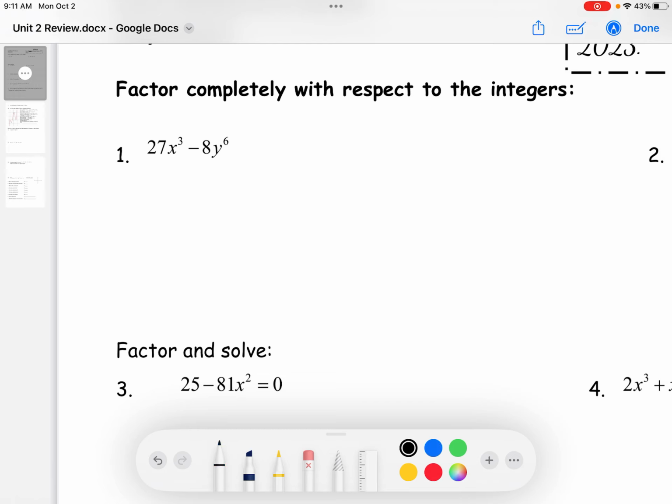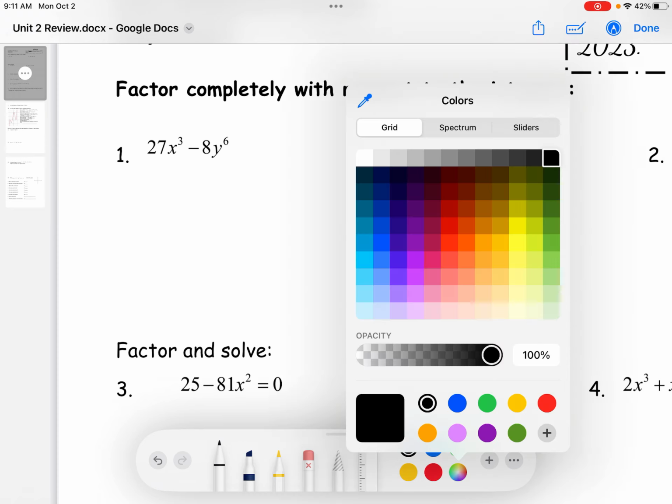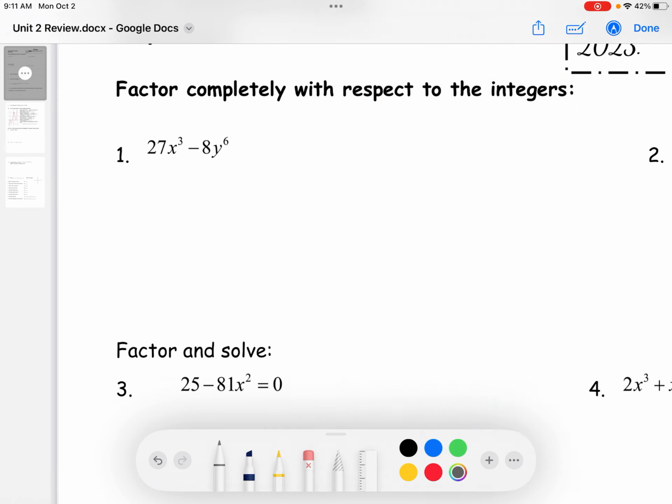If we look at number 1, there's no greatest common factor. So then we look at how many terms it has, and this has 2. With 2 terms, we look to see if they are either perfect squares or perfect cubes. As we look at these, we can see that they are perfect cubes.